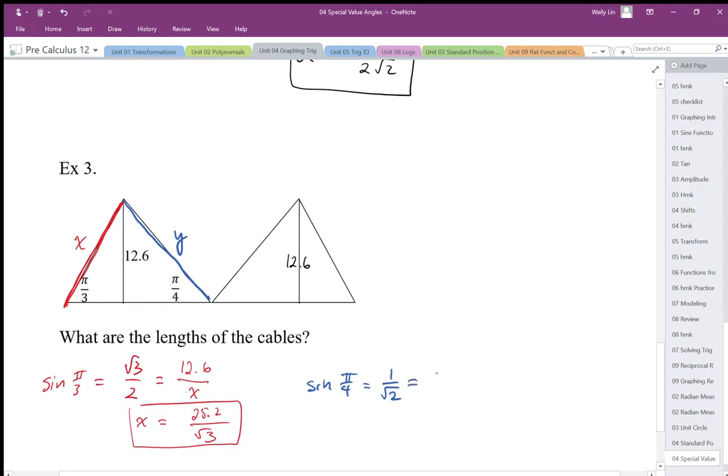And then we're going to write this as 12.6 opposite side over a hypotenuse side. And then using this trig ratio, we solve. Okay, we're going to get y equals 12.6 times root 2. And that would be my length for the cable y.